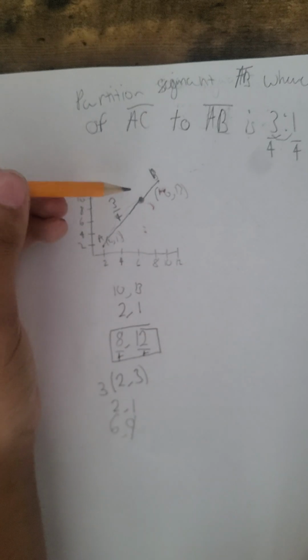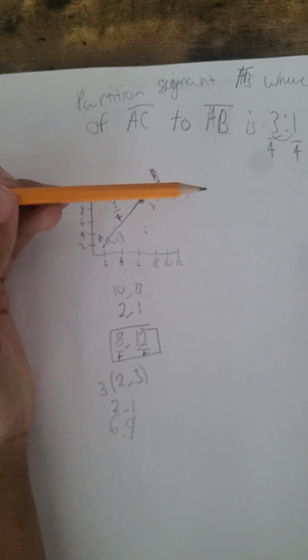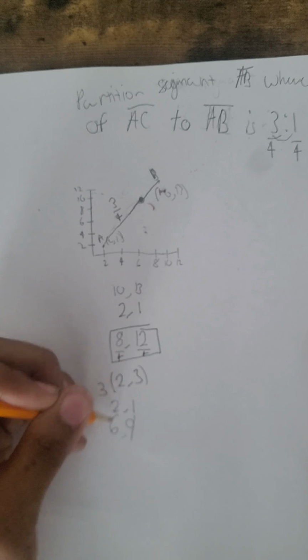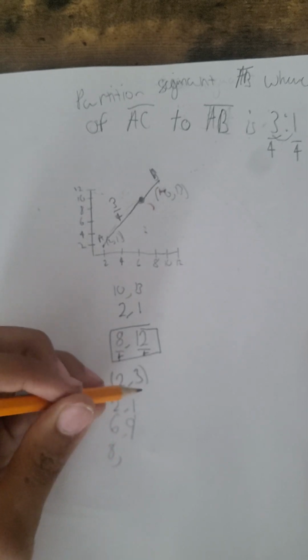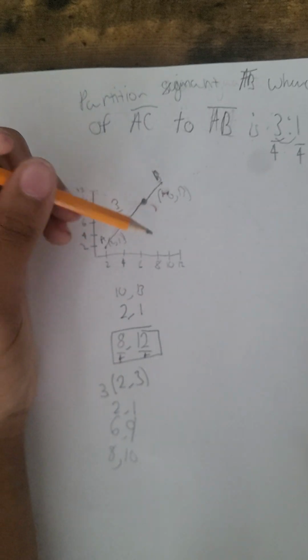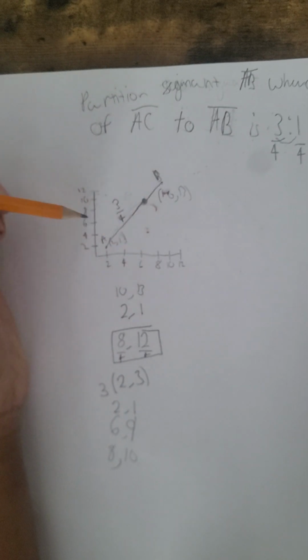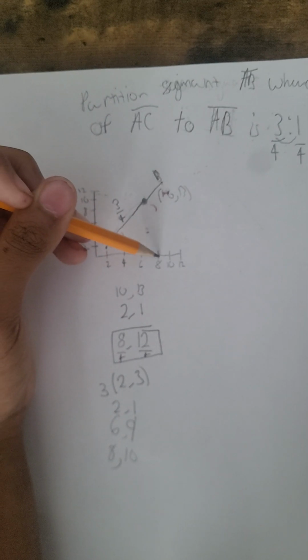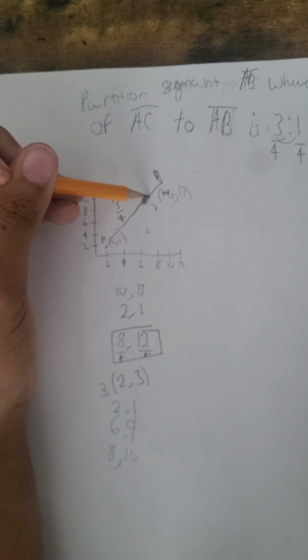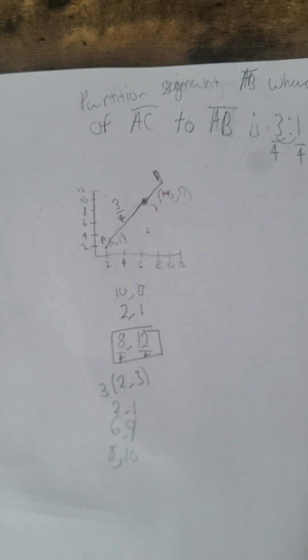And this should allow us to figure out what 3/4 of the way from A to B is. So 2 plus 6, 8, and 1 plus 9 is 10. Now, visually, you can see that 8 on the x-axis and 10 looks about to be 3/4 of the way there. So that's just a way I like to visually confirm.